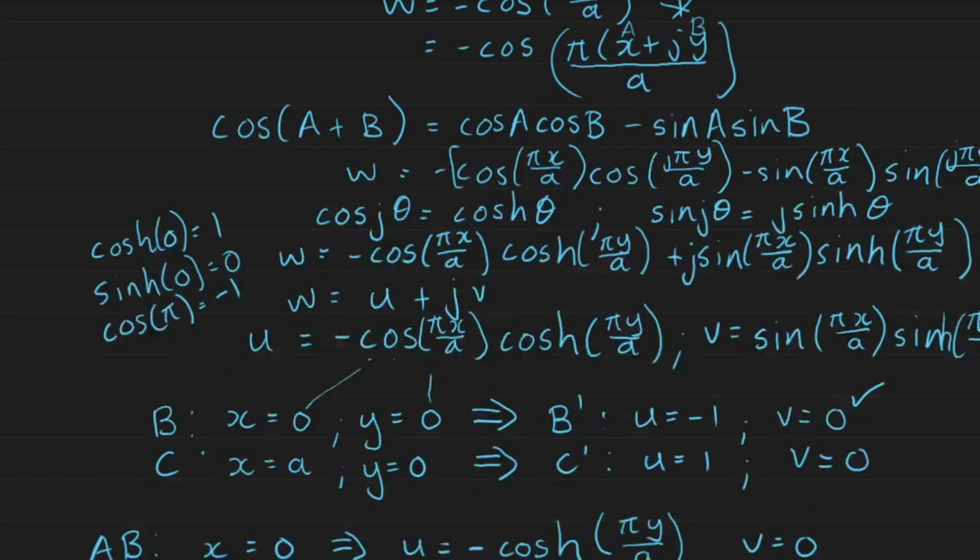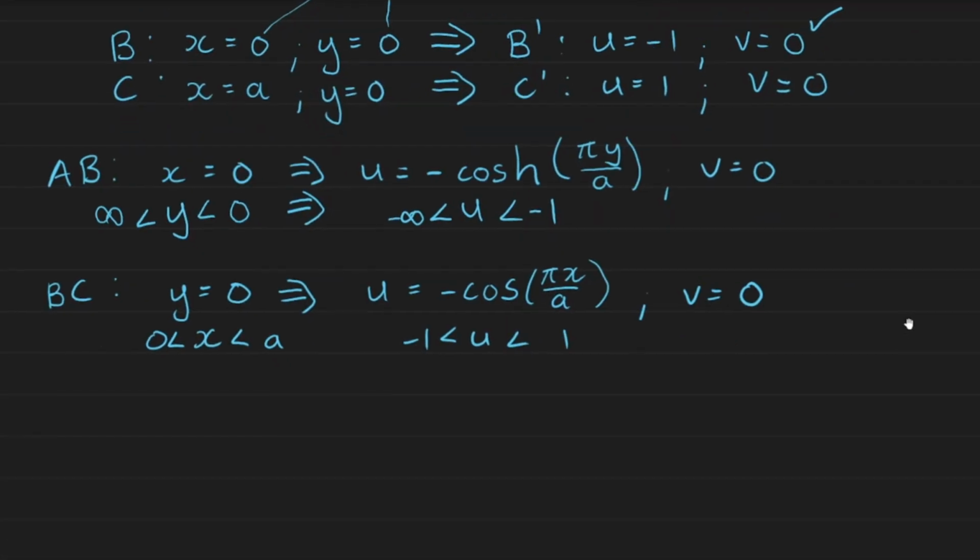So let's see that in terms of the numbers. So we have C to D. At CD, x is equal to a.